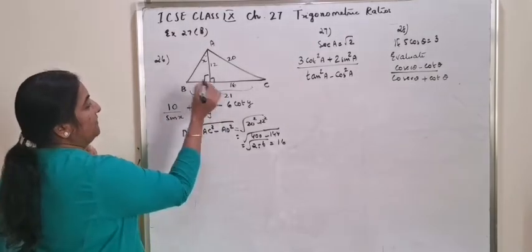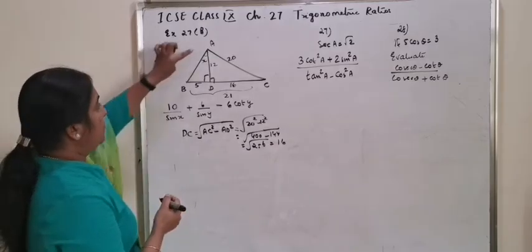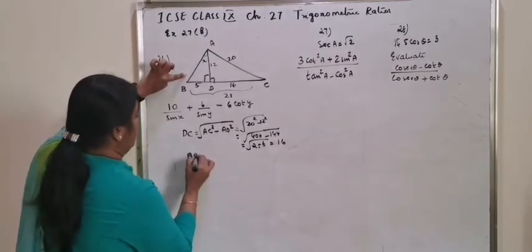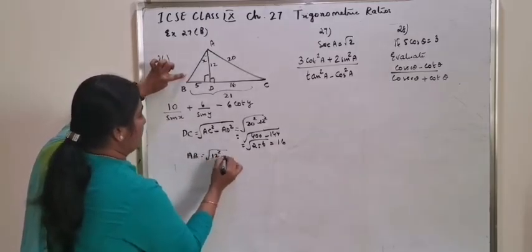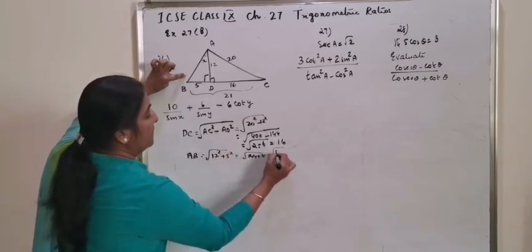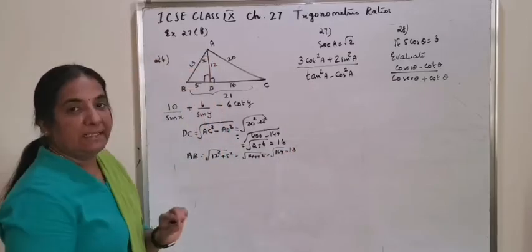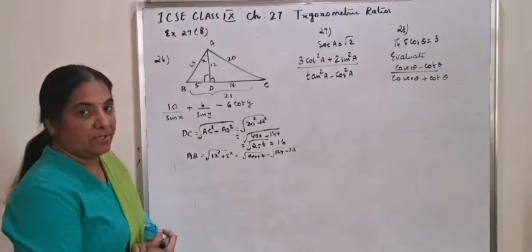So the remaining length of BD is 21 minus 16, which is equal to 5. So AB can be found out as square root of 12 square plus 5 square. It is 144 plus 25, 169, which is equal to 13. So you got the length of all the sides which are required.